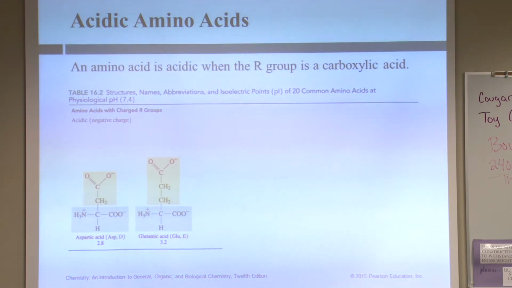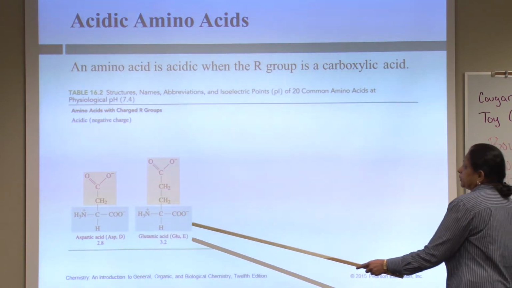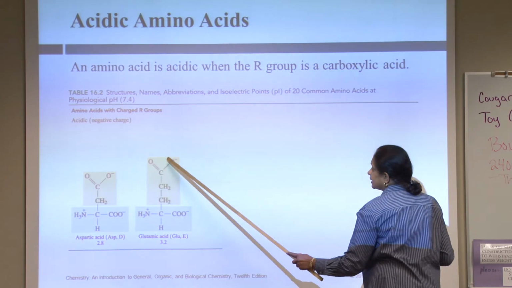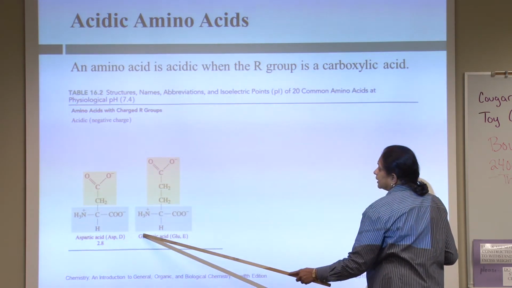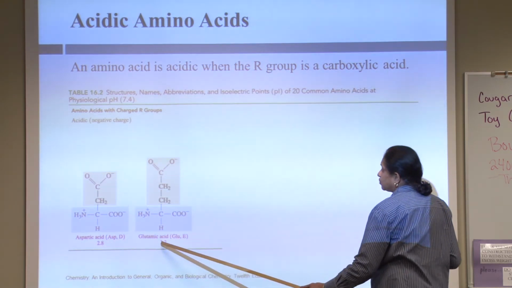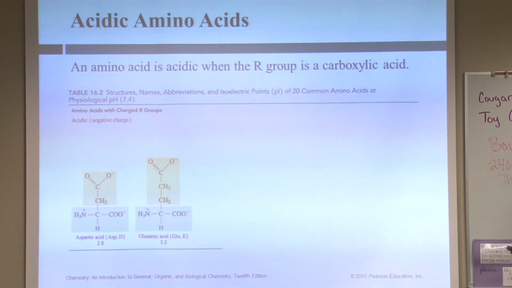Now, an amino acid is acidic when the R group is a carboxylic acid. So if the R group has a carboxylic group in it, the amino acid becomes acidic, 2.8, 3.2. Remember when we discussed a couple of minutes ago the pH scale, on the pH scale, 7 is neutral.